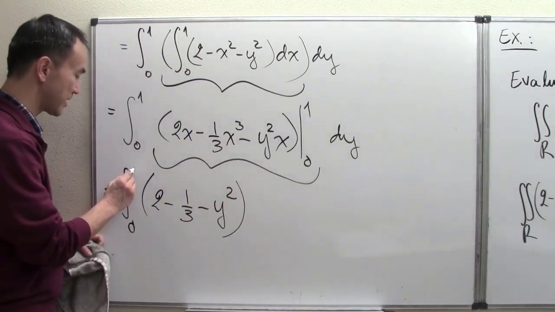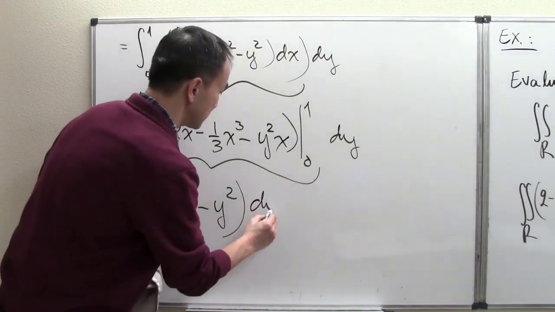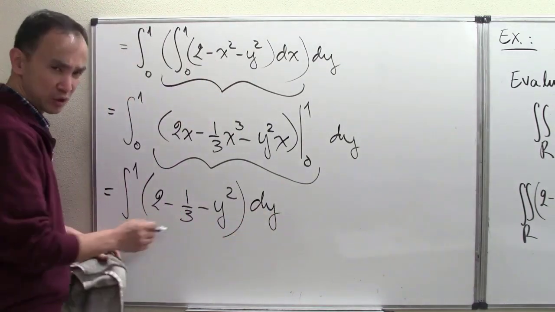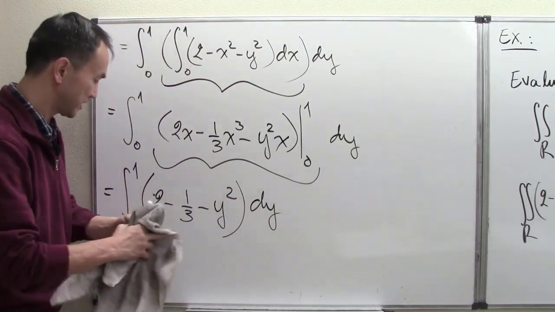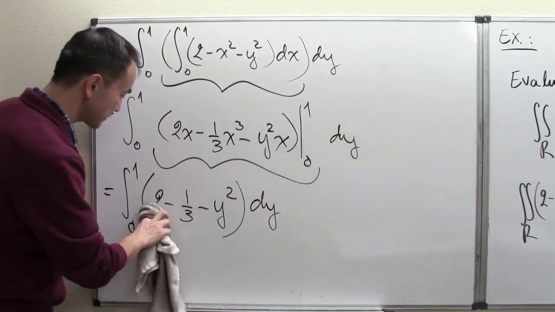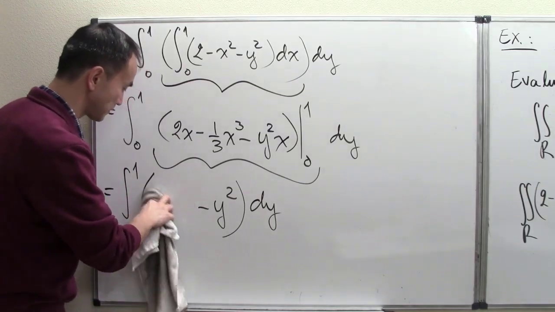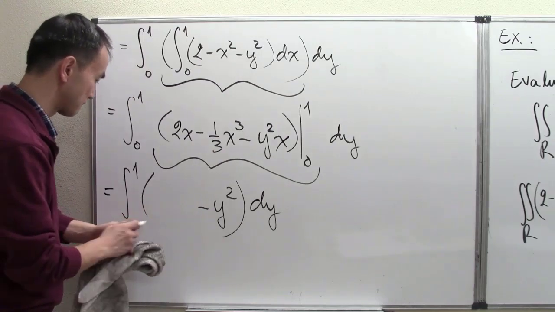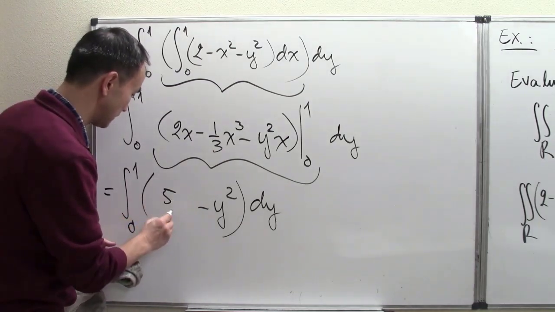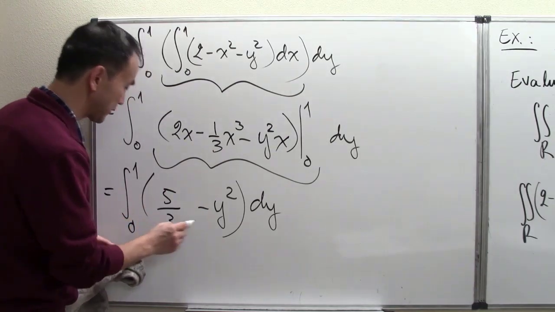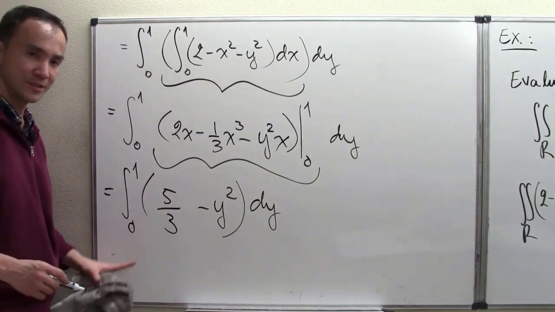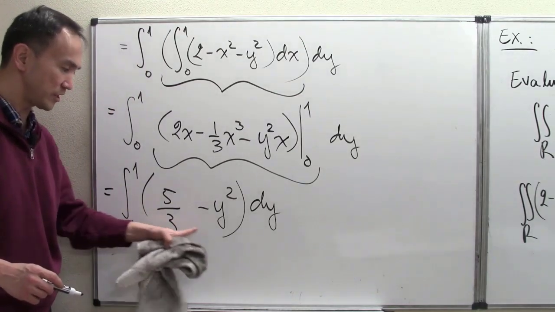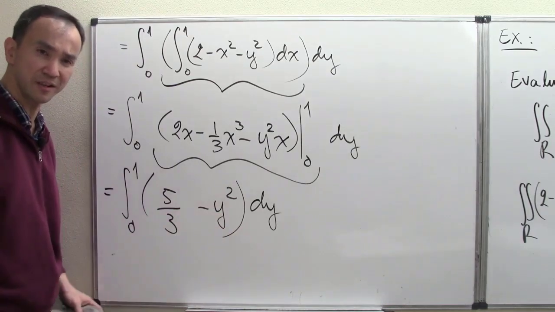We're integrating again from 0 to 1, dy. And by the way, 2 minus 1/3, we can combine like terms, making it 5/3 minus y squared. And so now we have a function completely in terms of y, and now we're integrating that with respect to y.